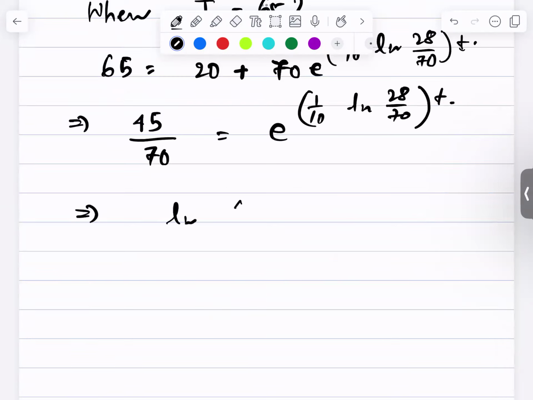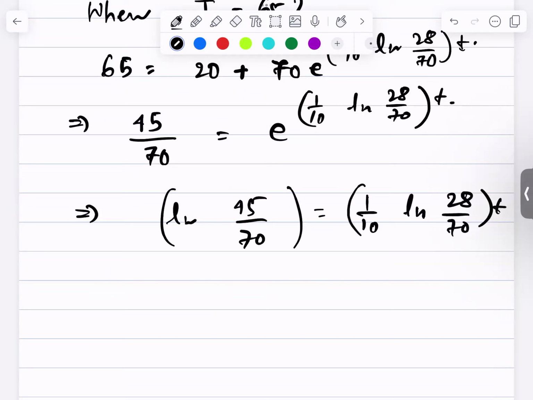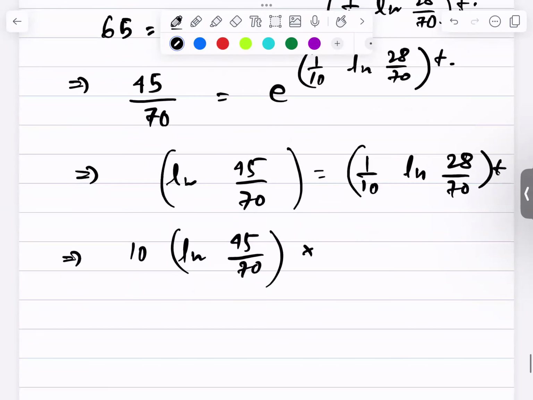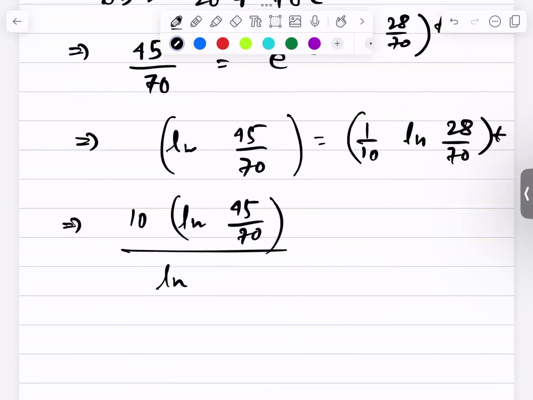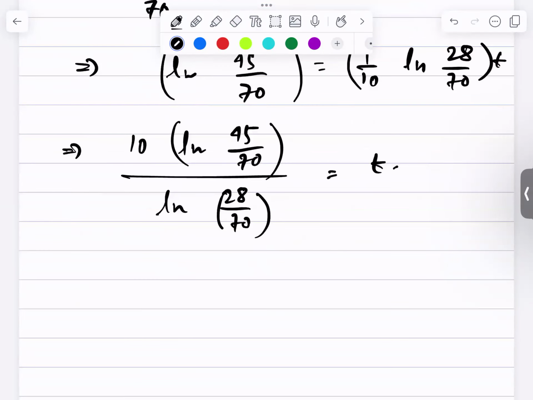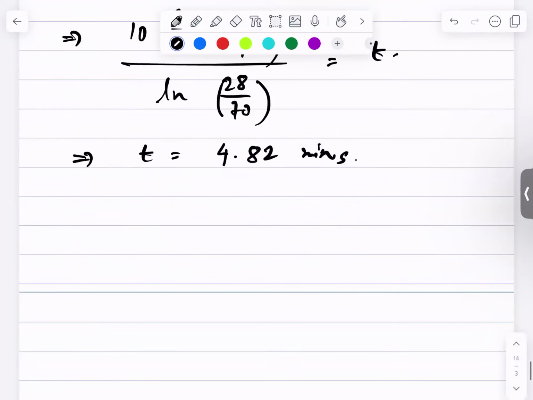So ln 45 over 70 will be 1/10 ln 28 over 70 times t. Then cross multiply to get 10 ln 45 over 70 divided by ln 28 over 70 is my t. So if you put that in a calculator, you'll get your t as 4.82 minutes. And that is your answer basically.